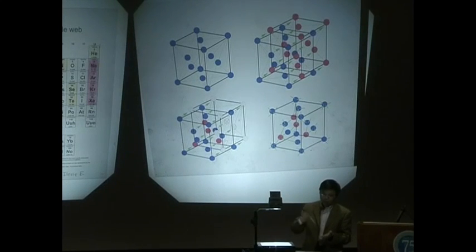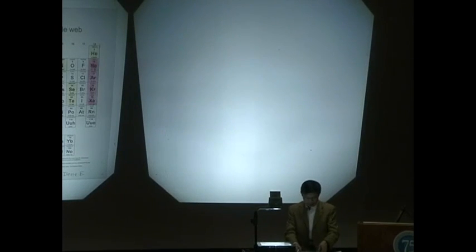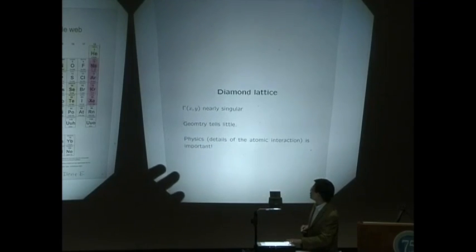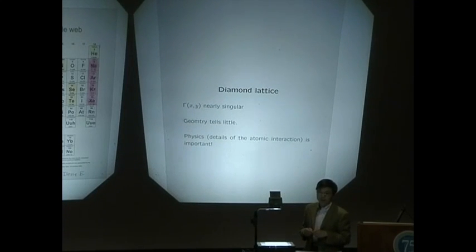If you look at the 111 direction, it's also planes of triangular lattice. But diamond structures are very different. Silicon, carbon, and germanium are very different from a typical FCC structure like aluminum. If you take a silicon wafer and drop it, it shatters. It's a very brittle structure.